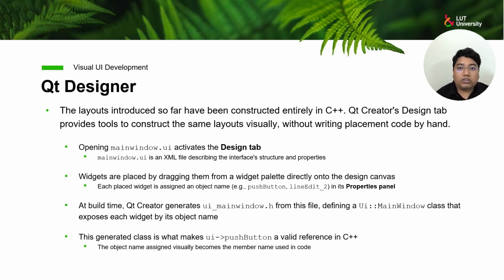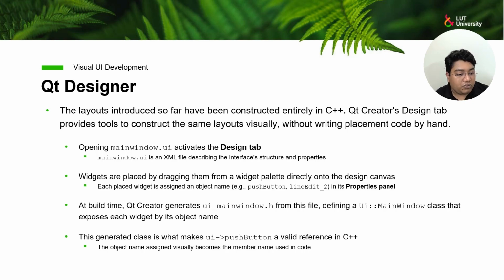So far, even though it's nothing much, we've built two interfaces in C++. We will be using this method because it helps us understand what's happening behind the scenes. However, writing layout code by hand can become repetitive, and once an application grows larger, it becomes way more complicated to handle everything.